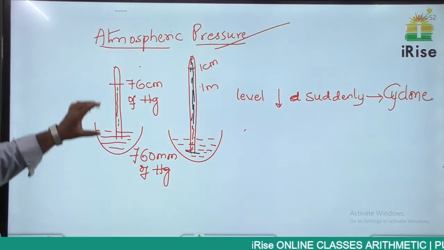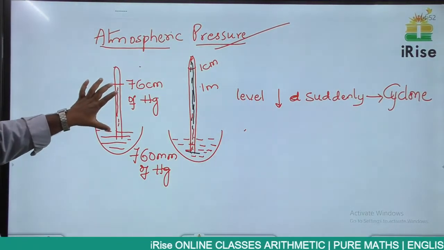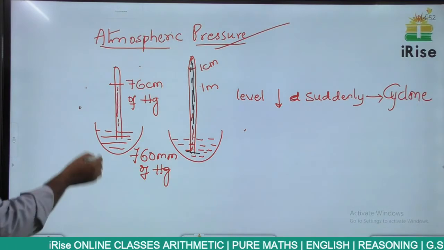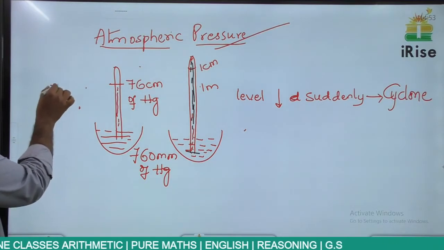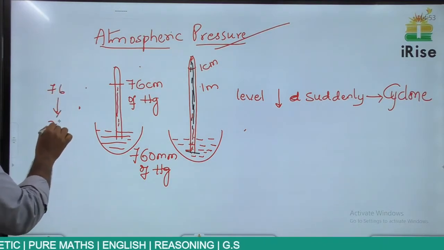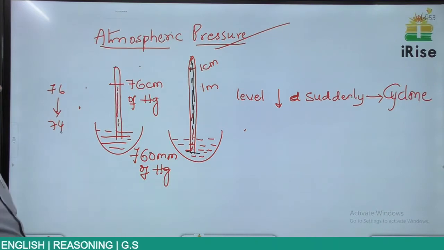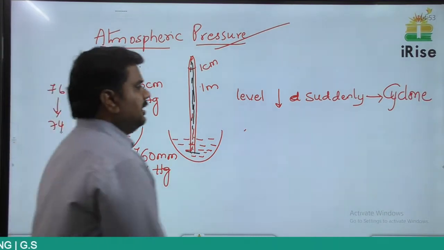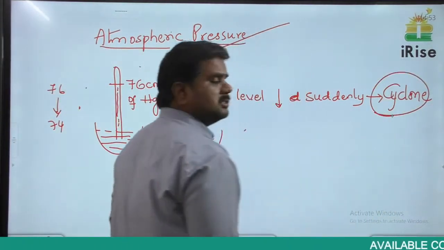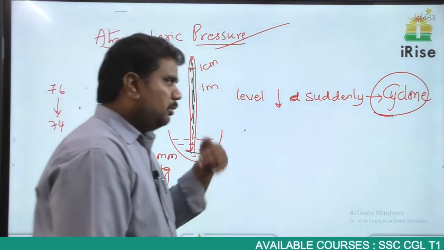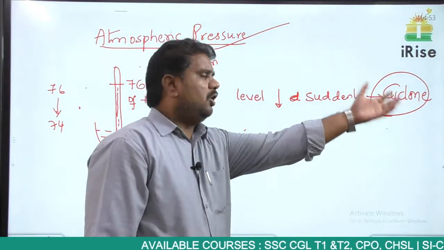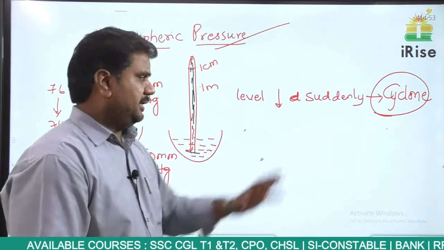If the level of mercury in this barometer is decreasing suddenly, in the sense that it is decreasing from 76 to 73 or 74 centimeters of Hg, it indicates the formation of a cyclone. The cyclone may be forming in the Bay of Bengal, or maybe in the Arabian Sea, wherever it is, right?